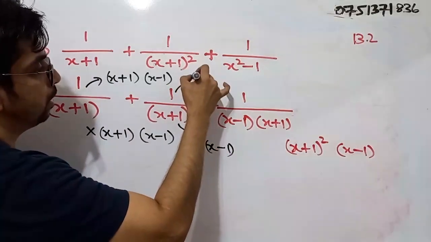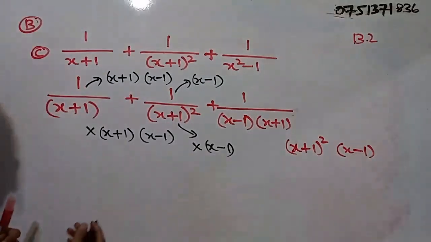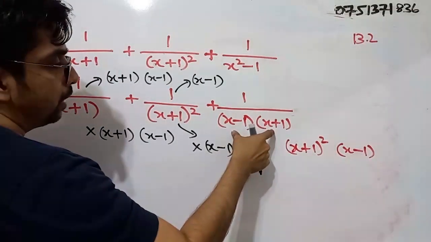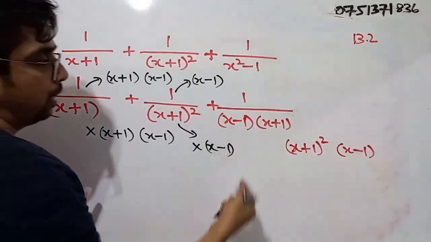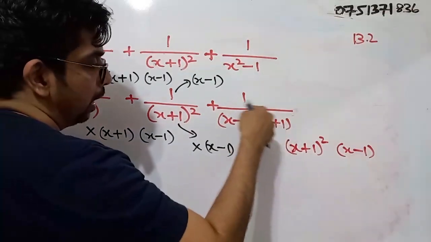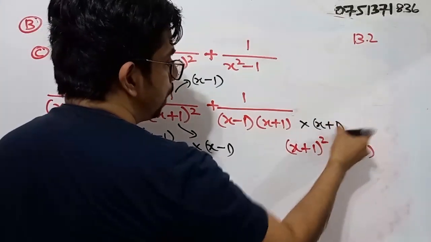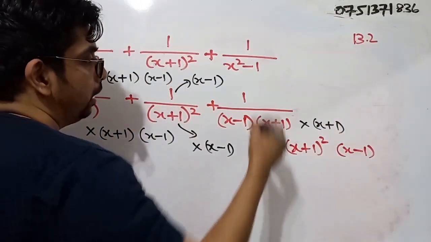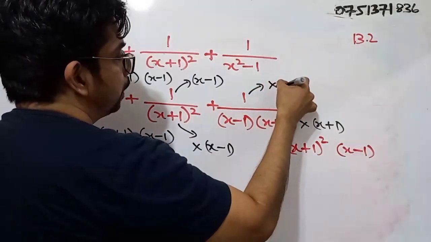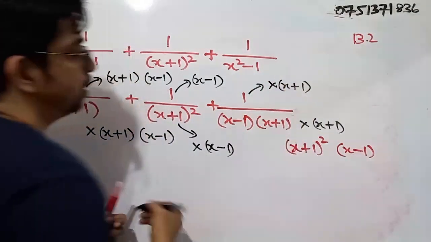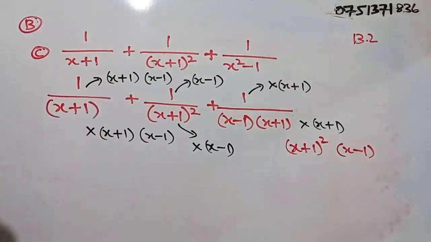Then for these two terms, we need to multiply this term by (x + 1) only, so we multiply the 1 with (x + 1) as well. We have to do some simplifications here. So x into x, it should be what?